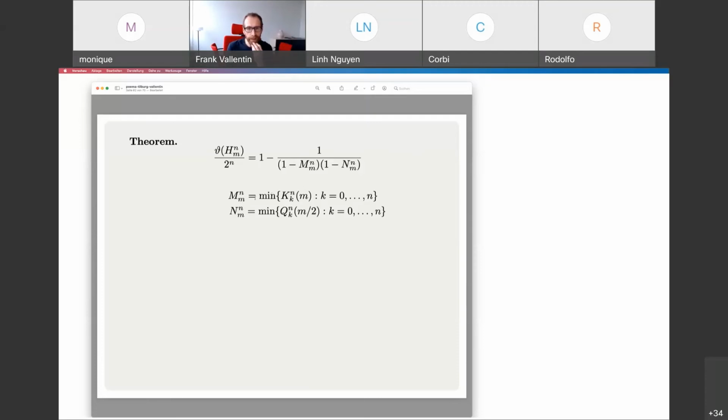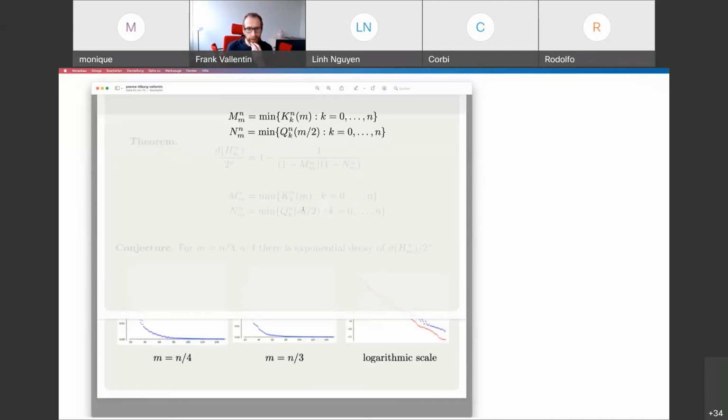What they are simply are the minimizers of the Krawtchouk polynomials at m when I go over all possible degrees. And similarly, for n, I do the same, but I replace the Krawtchouk polynomials by Hahn polynomials. Yeah, so we have a complete expression in terms of these two minima.